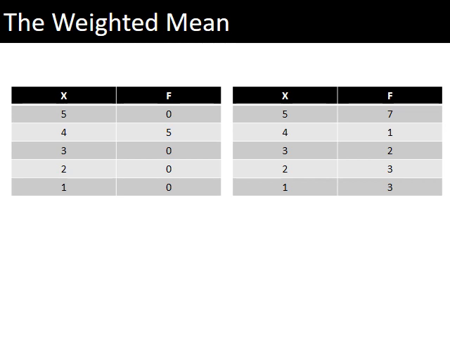So if we were to calculate these separately, the mean for the distribution on the left is going to be 4, and the mean for the distribution on the right is going to be 3.4. The weighted mean, though, ends up being 3.5. So if you'd like, you can pause this slide, go ahead and see if you can calculate the weighted mean. You should come up with an answer of 3.5.